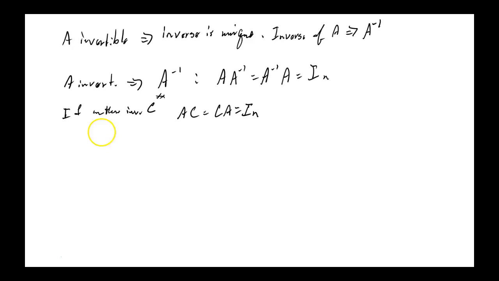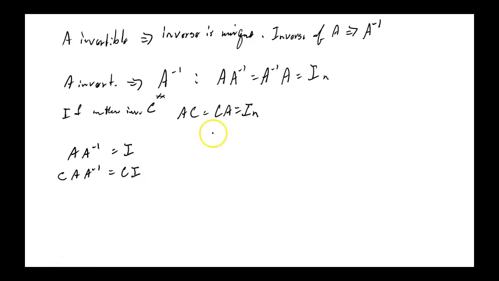So if A times A inverse is equal to I, then we can multiply C times A inverse, and that would be C times I, right?